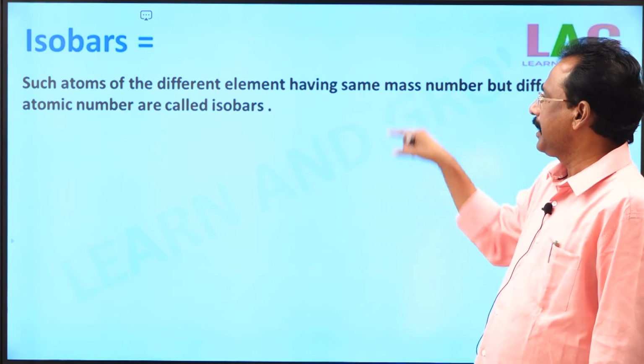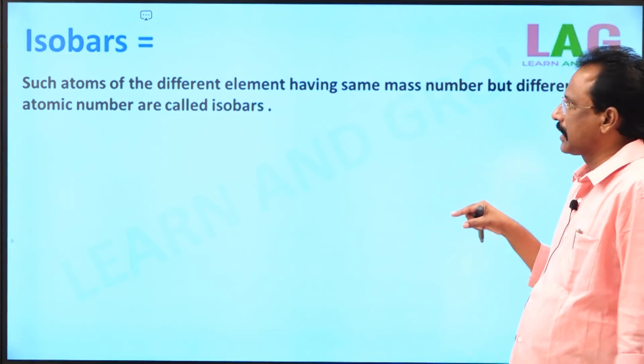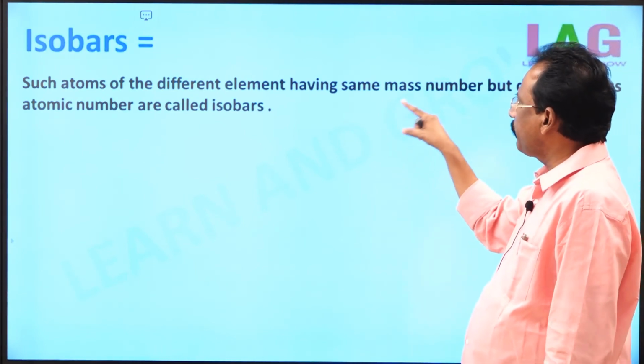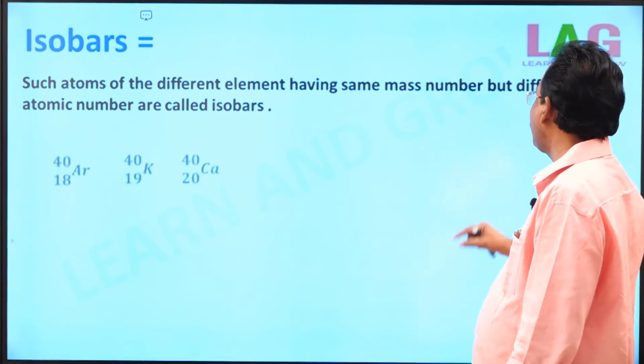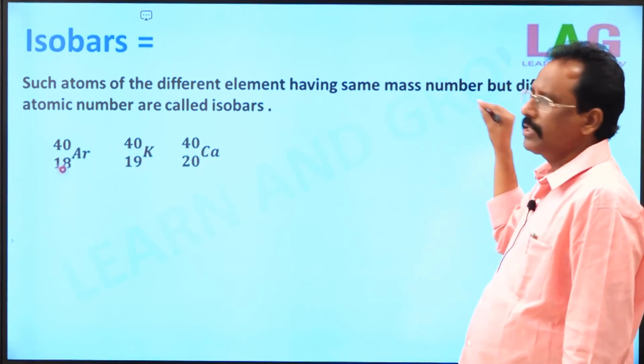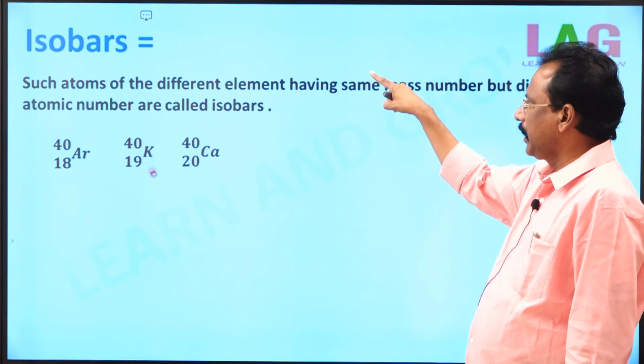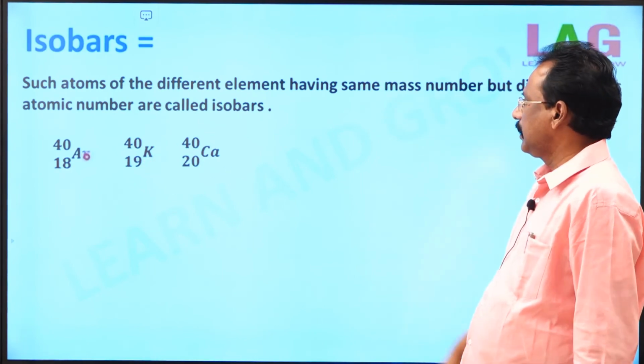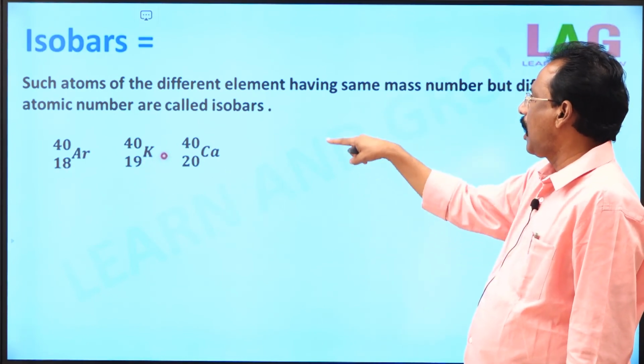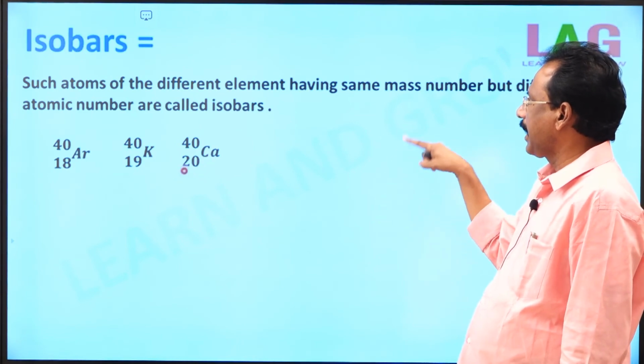Now the next one is isobars. Atoms of different elements having the same mass number are said to be isobars. Some of the examples are argon, potassium, calcium.